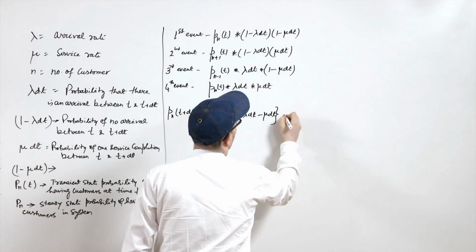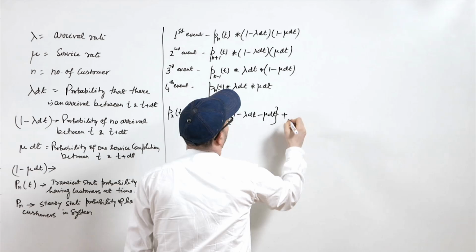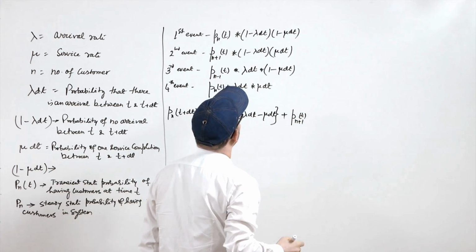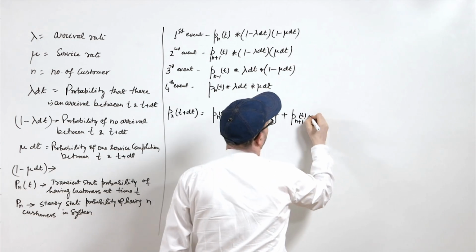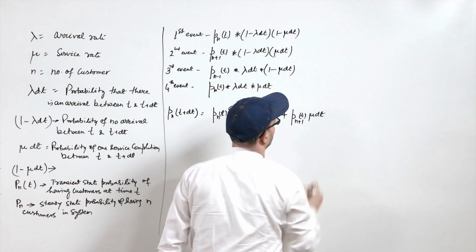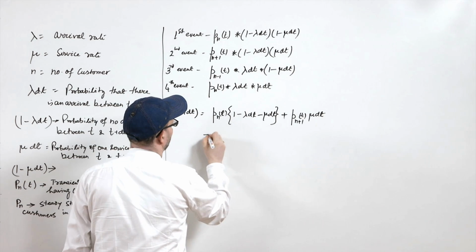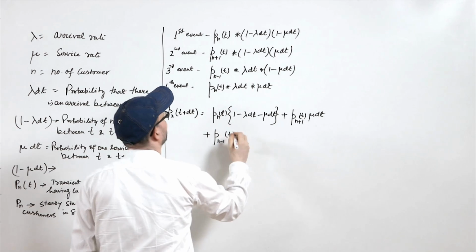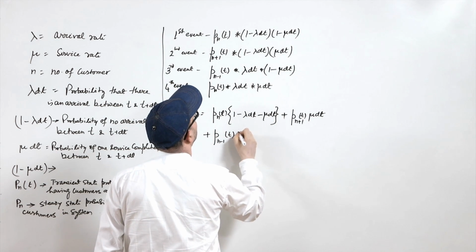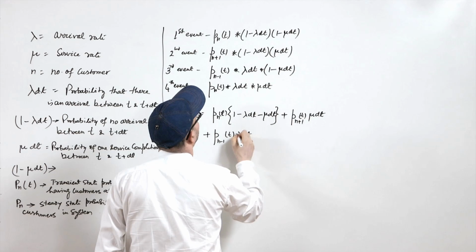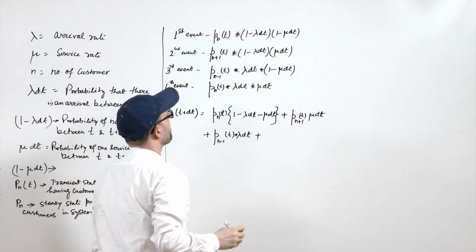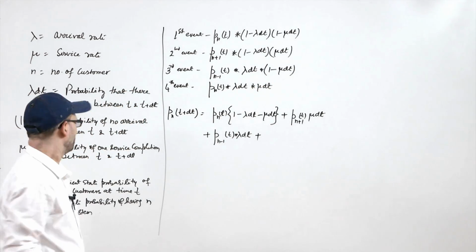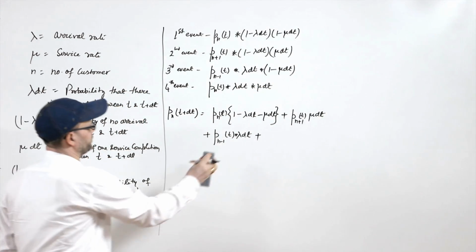Then you will have p n plus 1 t multiplied by again mu dt. Then p n minus 1 t multiplied by lambda dt. Further, this term is basically neglected because it is lambda mu dt square. So, we won't write any term further.